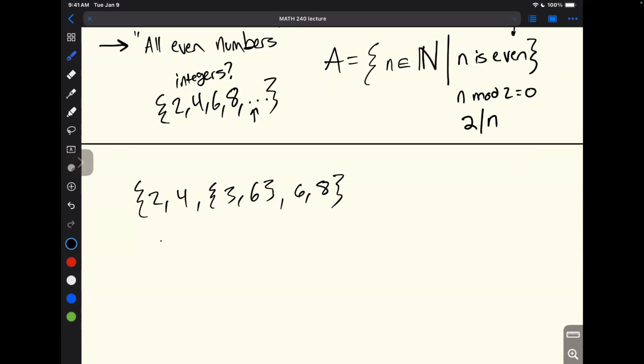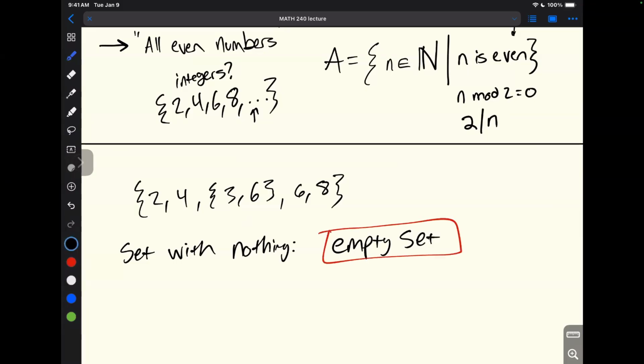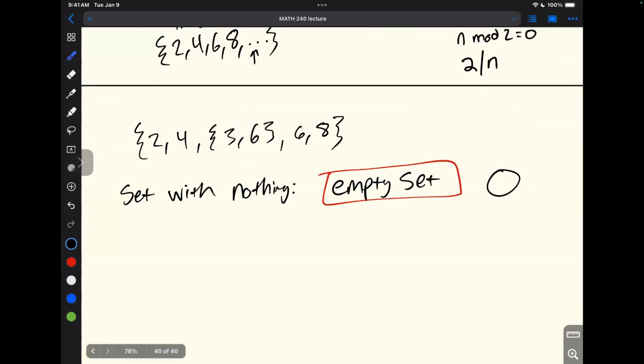If we have a set that has nothing in it, then we call that the empty set. We write that as a 0 with a line through it. In LaTeX, that's \emptyset.